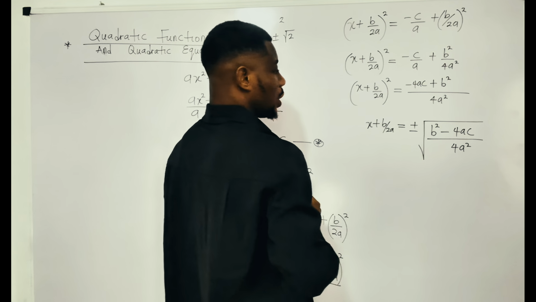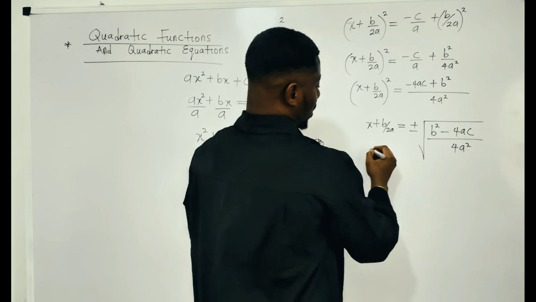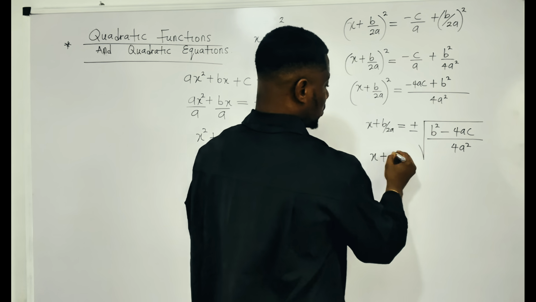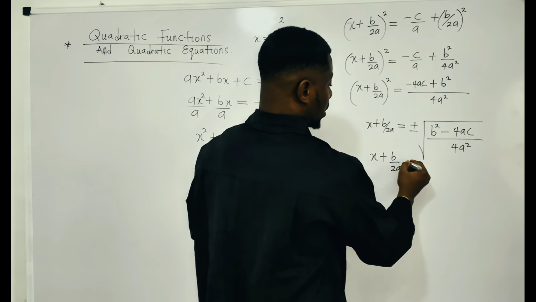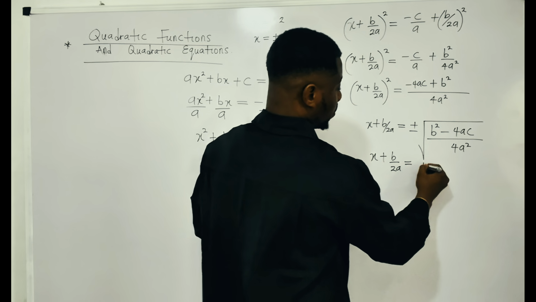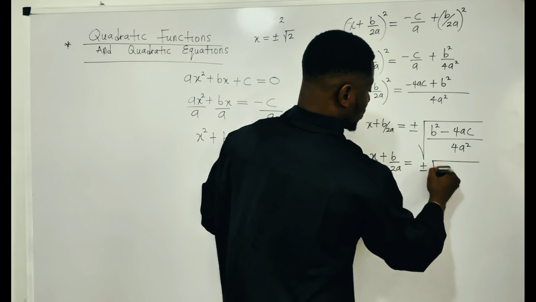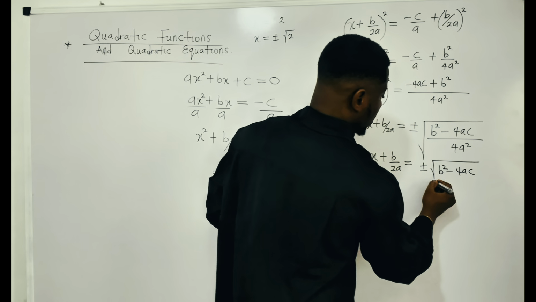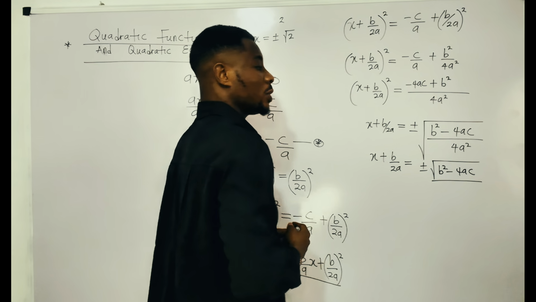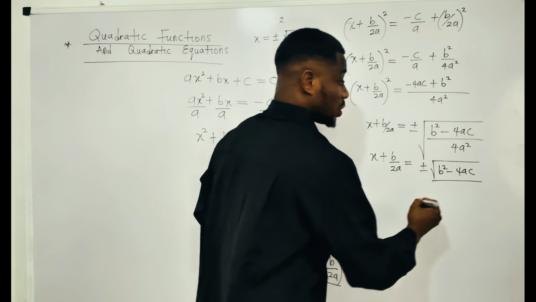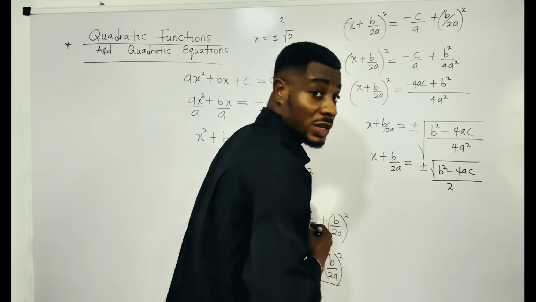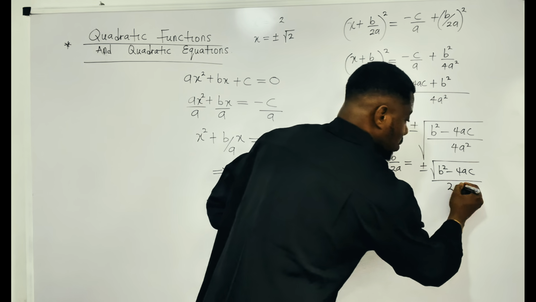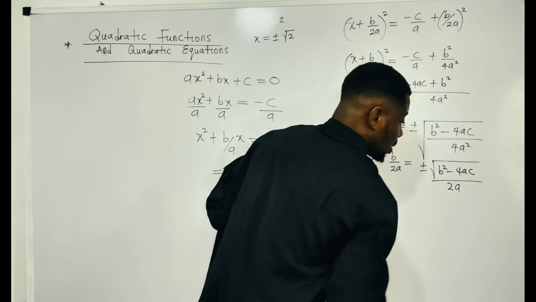All right. So now at this point, we have that x plus b over 2a is equal to plus or minus the square root of b squared minus 4ac divided by the square root of 4a squared. The square root of 4 gives us 2, and the square root of a squared gives us a.